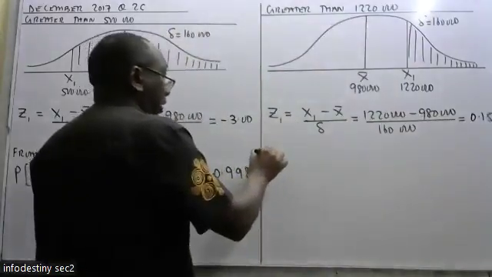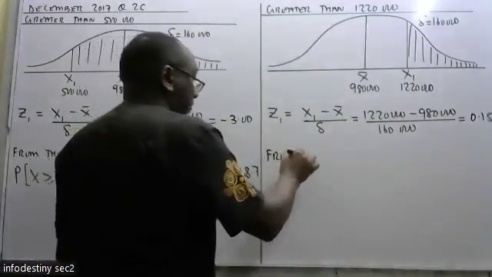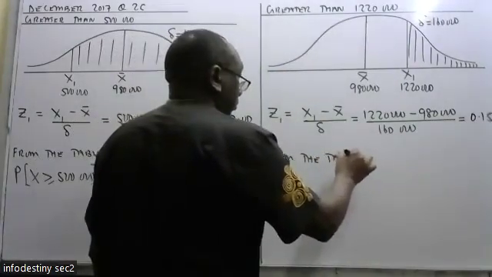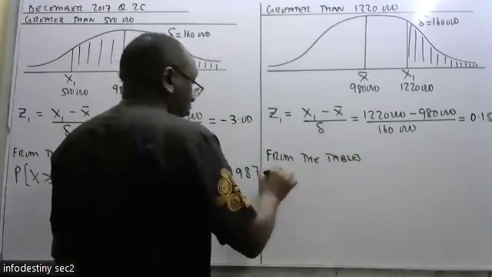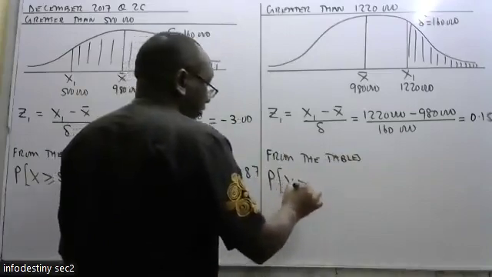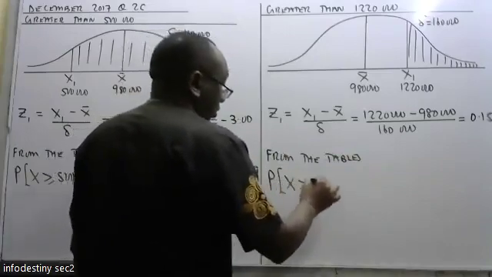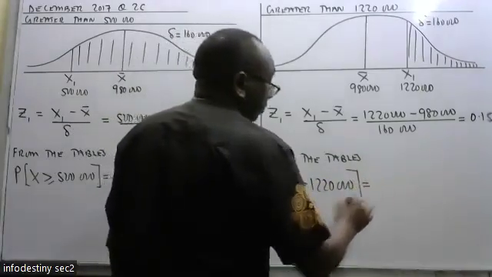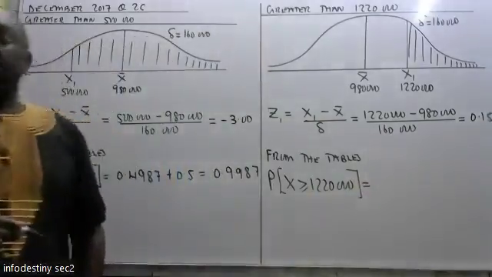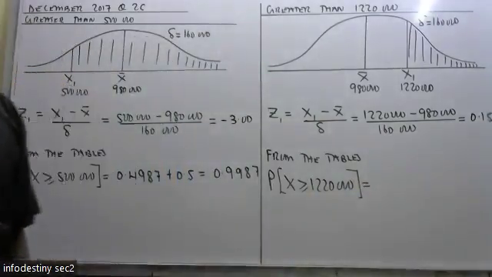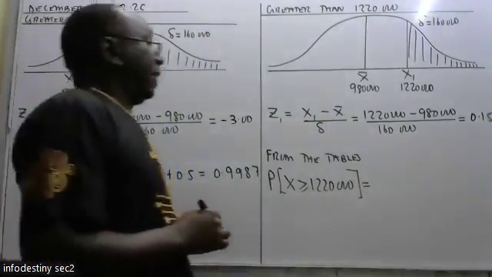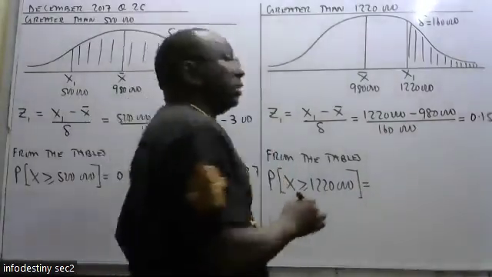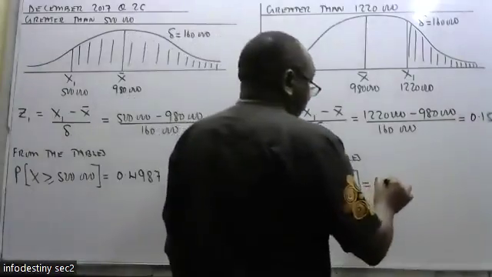We'll then proceed and say from the tables, probability that X is greater than or equal to 1,220. So go to the tables and read for me.